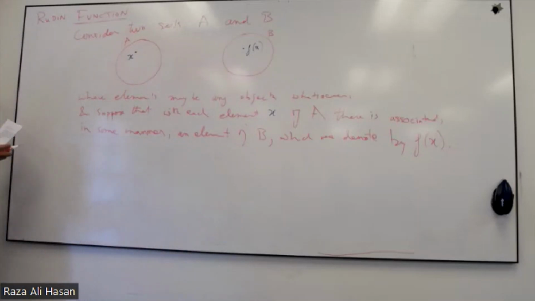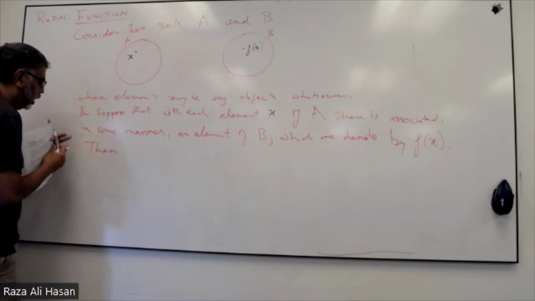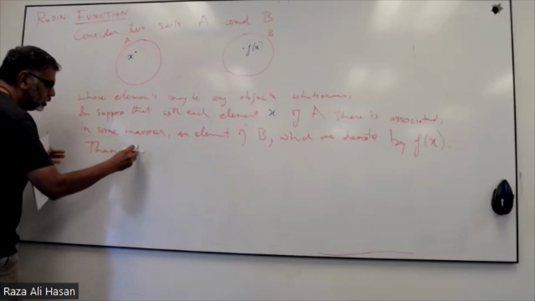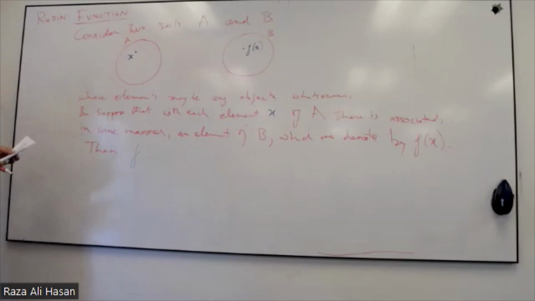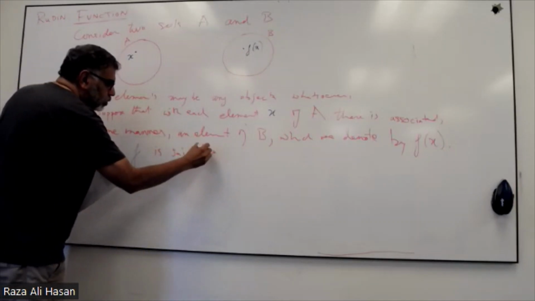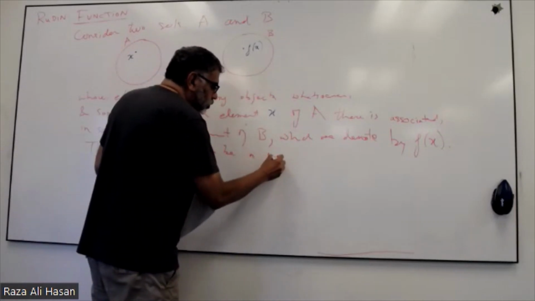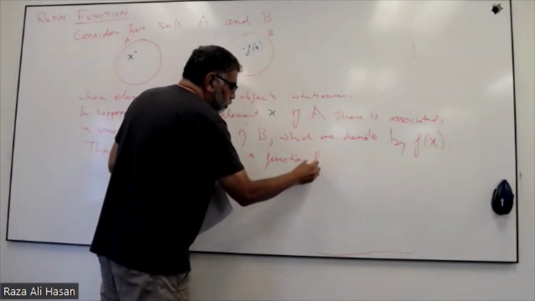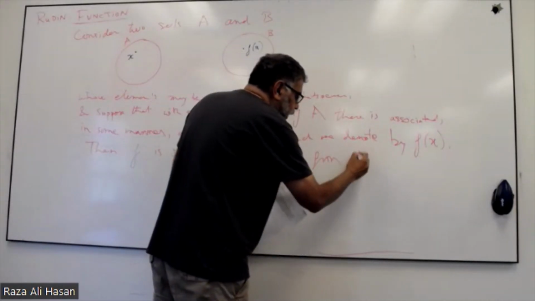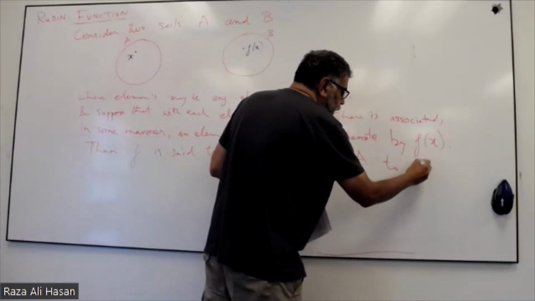So then we say, then well, I'll use this. F is said to be a function from set A to set B.